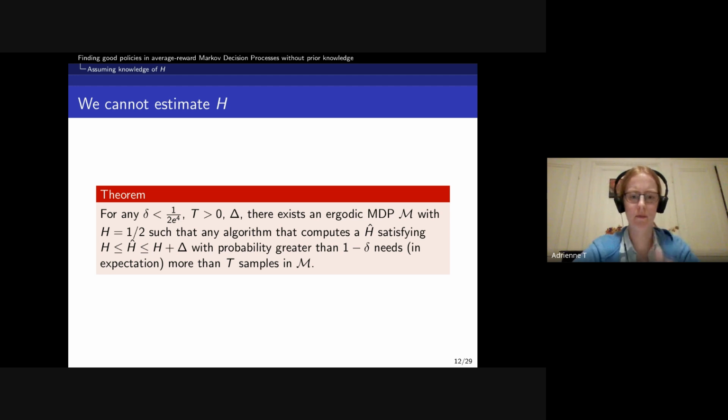One thing that's maybe important to note is that in the online model, we can't do H, that's fine. But in the generative setting, it might still be possible to match the H lower bound, just not with the methods that we have currently. Now, if I remember correctly, the mixing time is an upper bound of H, but I don't remember how it relates to the diameter.